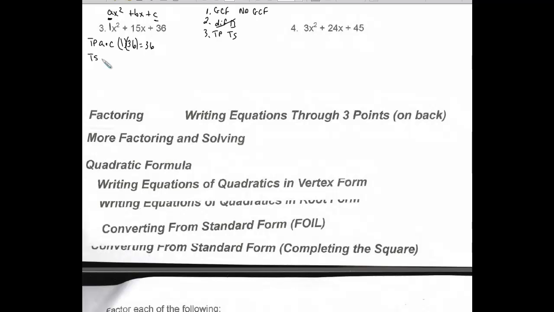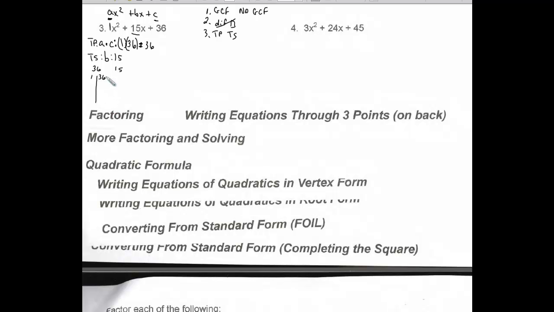The target sum is the b, or the coefficient in front of x, and that would be 15. So I need to find two factors that multiply to give me 36 but add to give me 15.